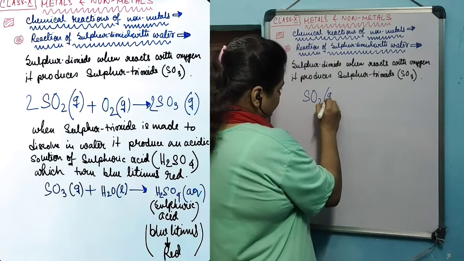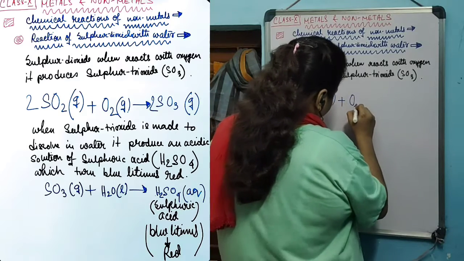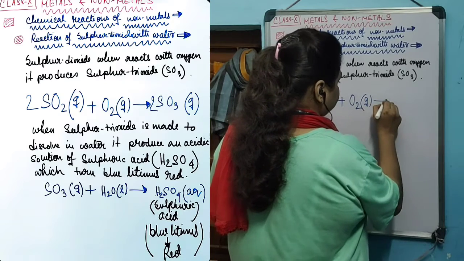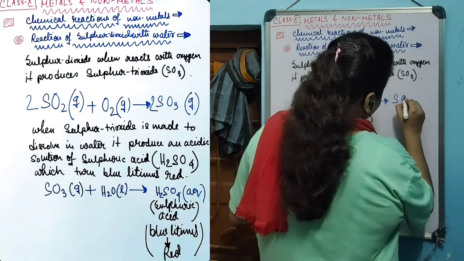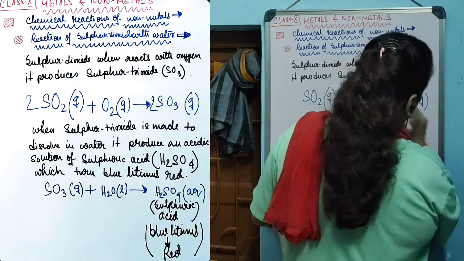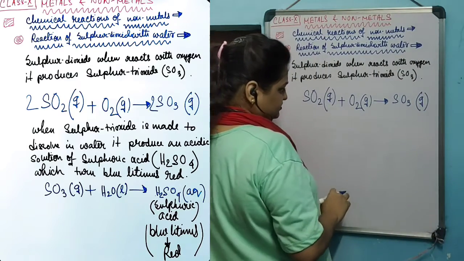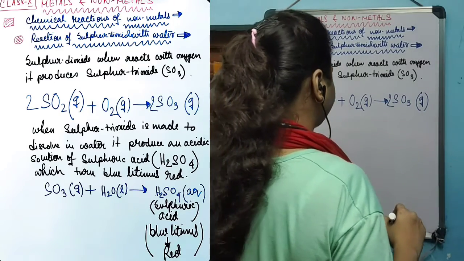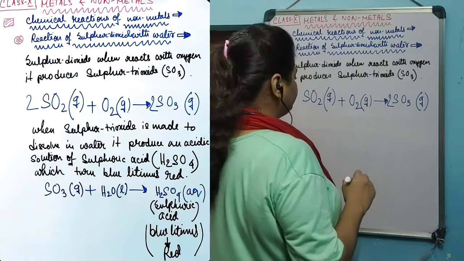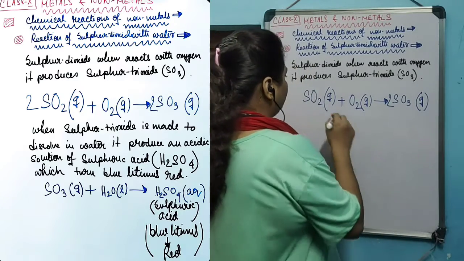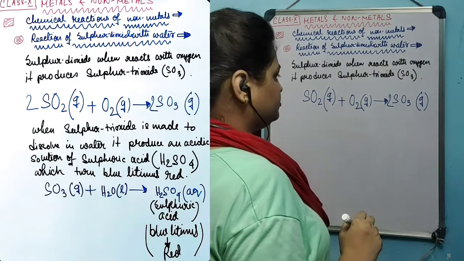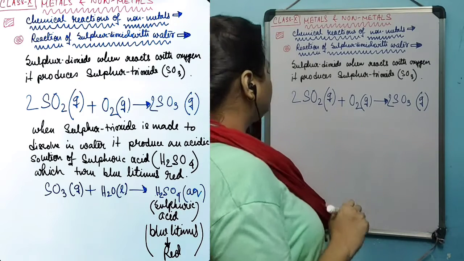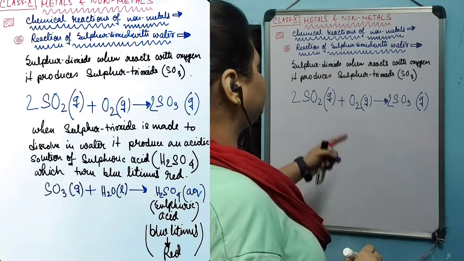SO2, which is gaseous in nature, reacts with O2, which is also gaseous, and produces SO3, which is also gaseous. Now this is not balanced. So to balance this, I am going to multiply the SO3 on the right hand side by 2. This will give 6 oxygen atoms on the right hand side. On the left hand side, there are 4 oxygen atoms. So to balance the oxygen on both sides, we multiply the SO2 gas on the left hand side by 2.